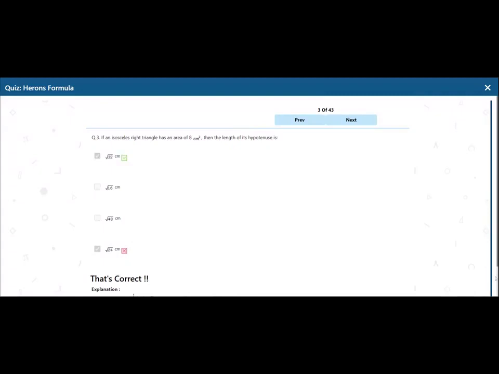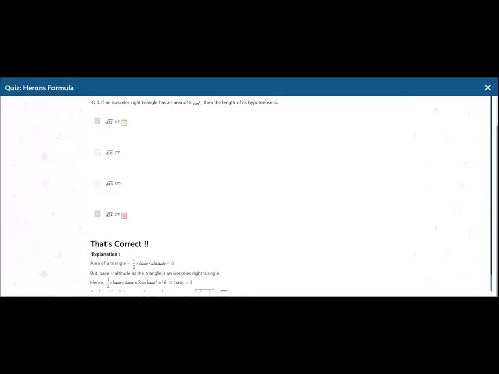That's correct. Let us see what method they have. Here, half base into altitude, but base equals altitude as the triangle is an isosceles right triangle. So they are saying that altitude is equal to base, so you will get 32.